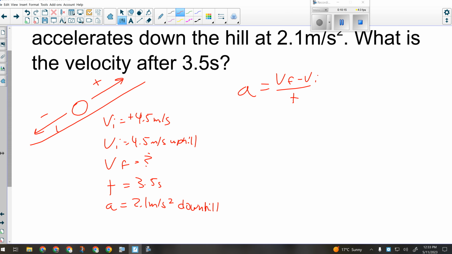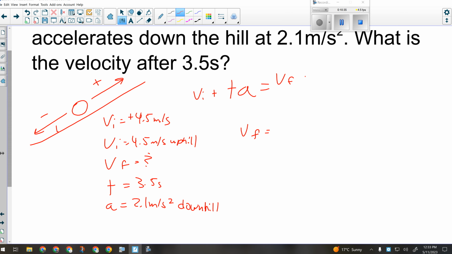So what do I move first? Time. So I multiply both sides by time. Then I've got to move VI. How do I move VI? Add. So now I'm solving for VF.